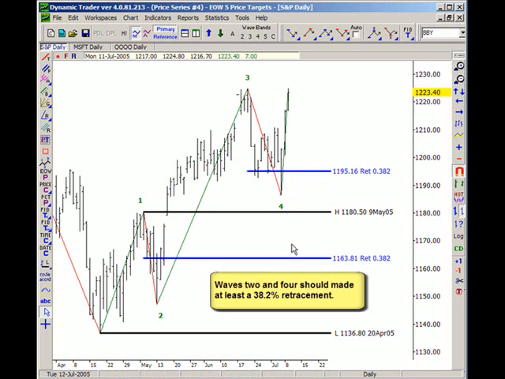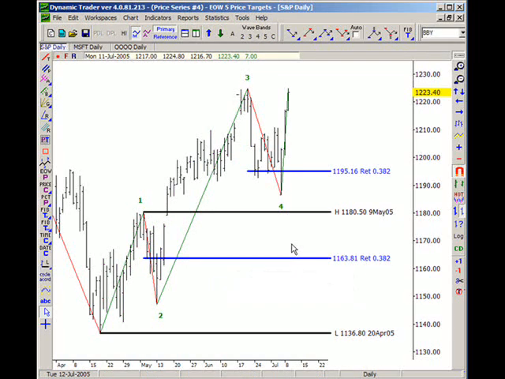Now, if we get into a lot more detail about Elliott wave and price, sometimes a 2 or a 4 will be less than a 38% retracement. But then we're getting into a little bit of paralysis by analysis and more detail than we want. We want to keep it simple and look for the kind of ideal setups.